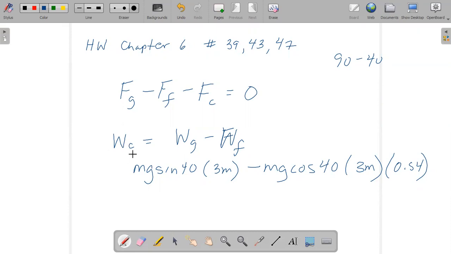So we're going to put a negative there. And if you do the math, the answer is going to be negative 1.0 times 10 to the third joules. All righty, that's part B.